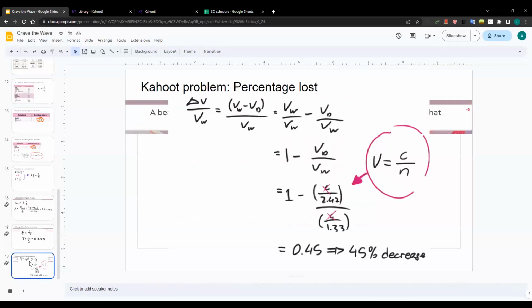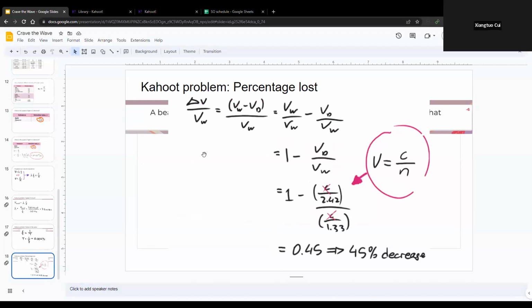All right, this question. So we want to find the percentage of velocity that is lost, right? So we can find the amount of velocity that was lost through this symbol delta V, which stands for the change in velocity. The change in velocity is the equivalent of the amount of velocity that is quote unquote lost.